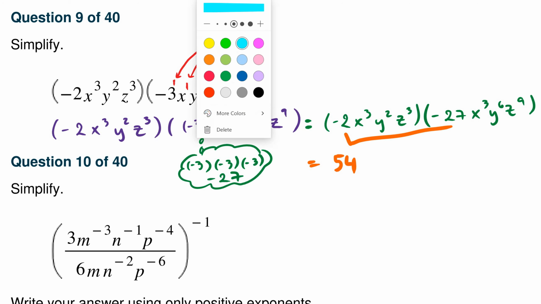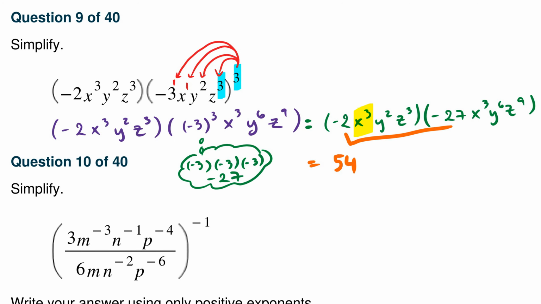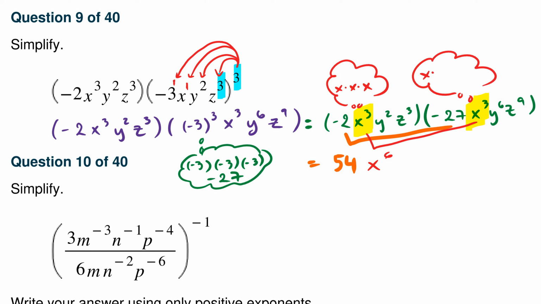Okay, and we have x to the third power times x to the third power. So what we do is add the exponents. That will be x to the 6, because x to the third is like x times x times x, and over here is another x times x times x. So there are 6 of them in total.